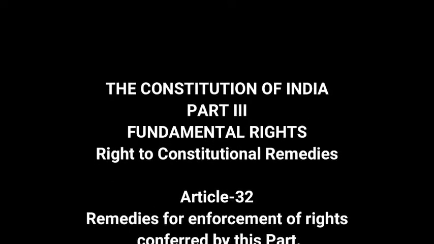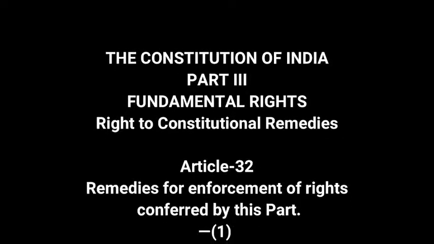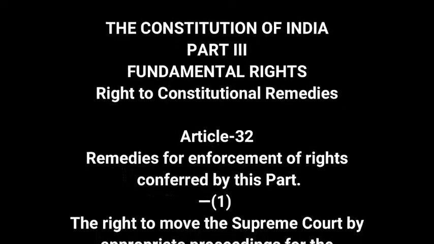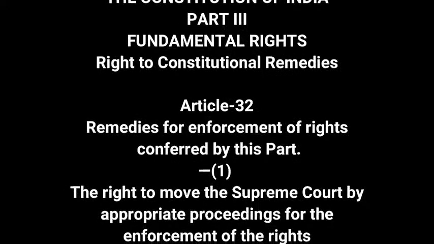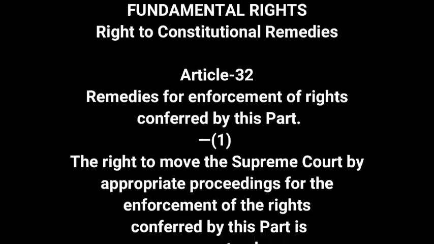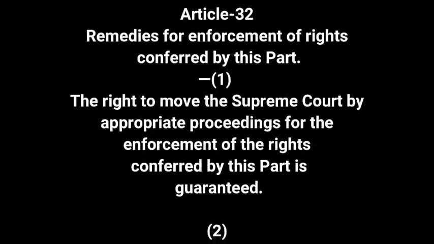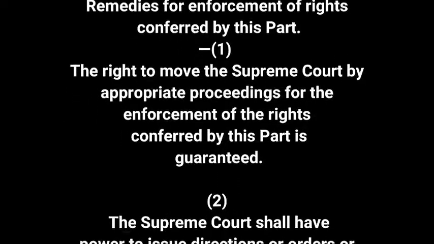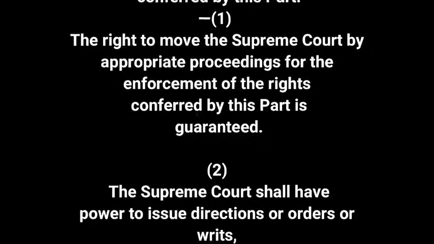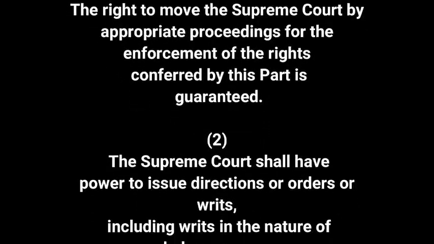The Constitution of India. Part 3. Fundamental Rights. Right to constitutional remedies. Article 32. Remedies for enforcement of rights conferred by this part. 1. The right to move the Supreme Court by appropriate proceedings for the enforcement of the rights conferred by this part is guaranteed. 2.